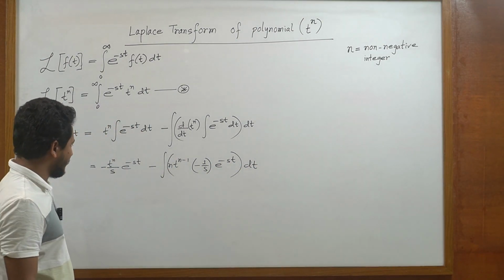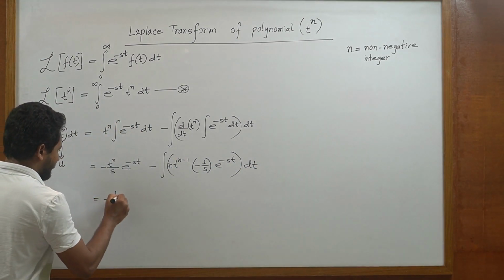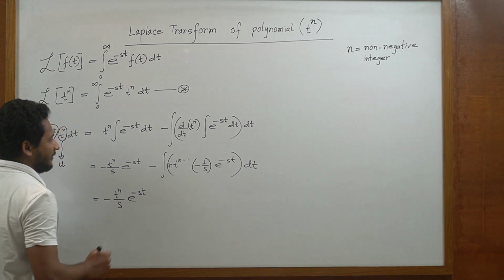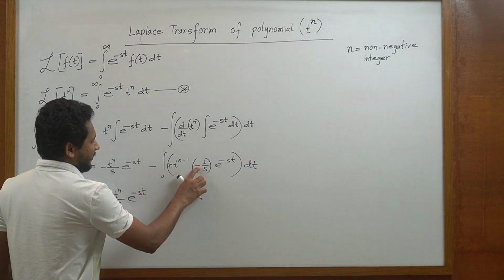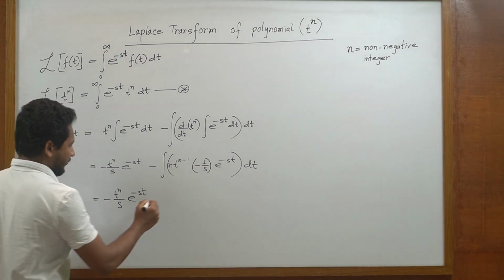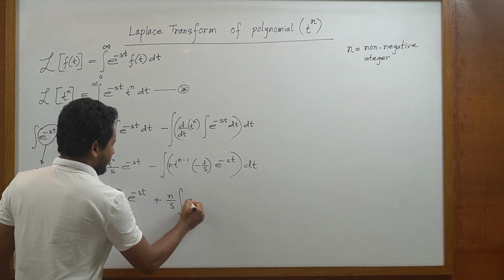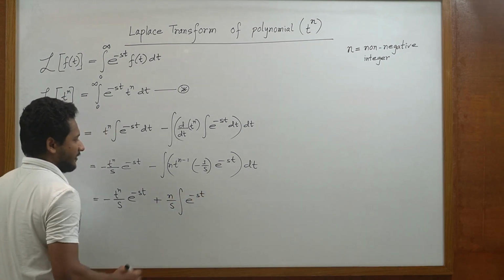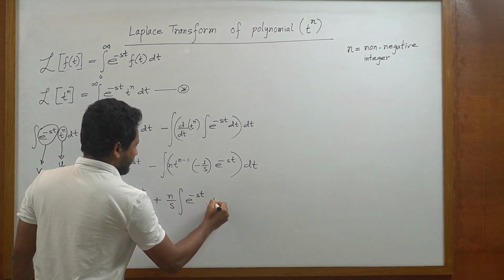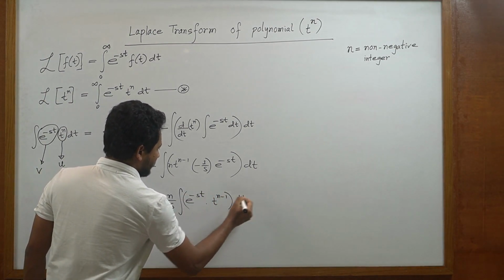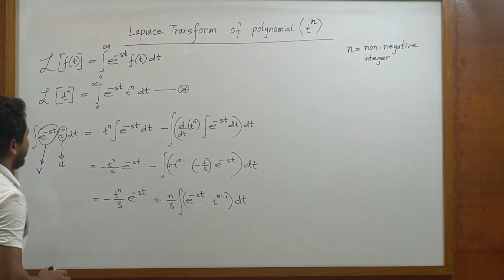Now we get minus t to the power n by s e to the power minus st. This minus and this minus will multiply and we will get plus n by s integration of e to the power minus st into t to the power n minus 1 with respect to t.